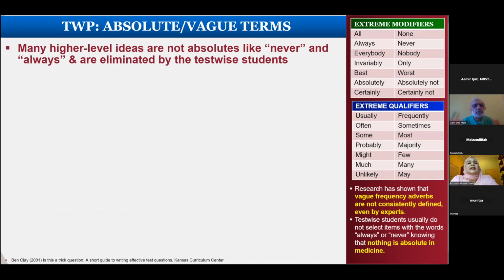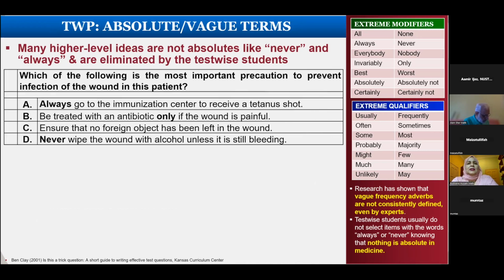Many high-level ideas are not absolute, like never or always, and such options are eliminated by the test-wise students. This is the test-wise prompt in which absolute or vague terms are the issue. When the students are test-wise, they will not pick anything in which always, only, or never are used. So option 3 is correct.